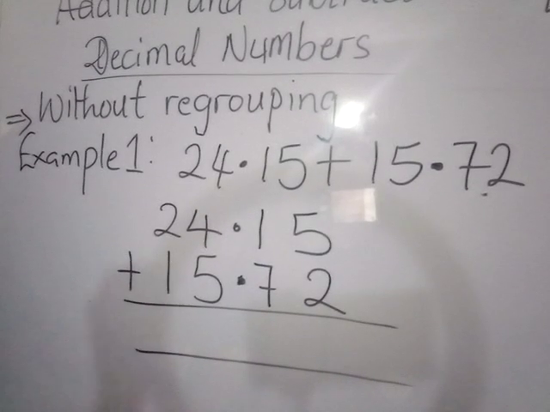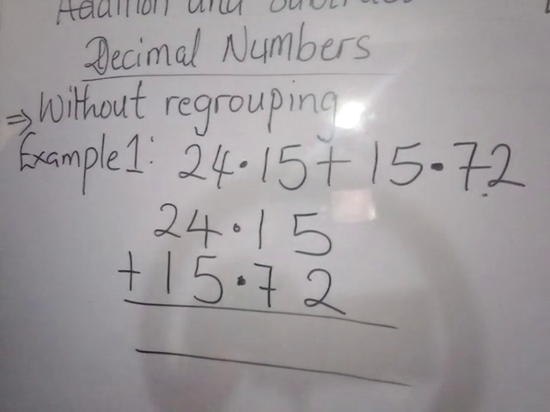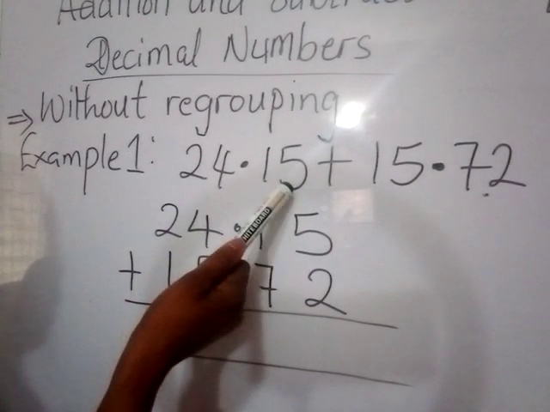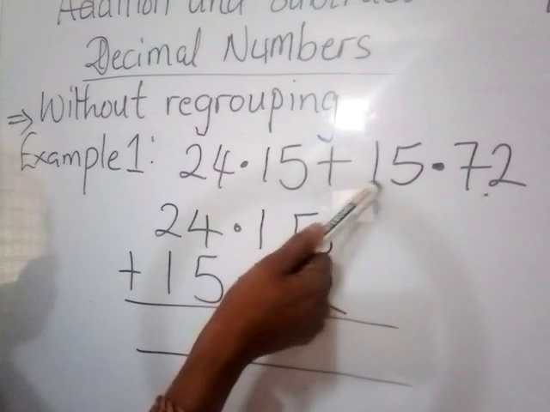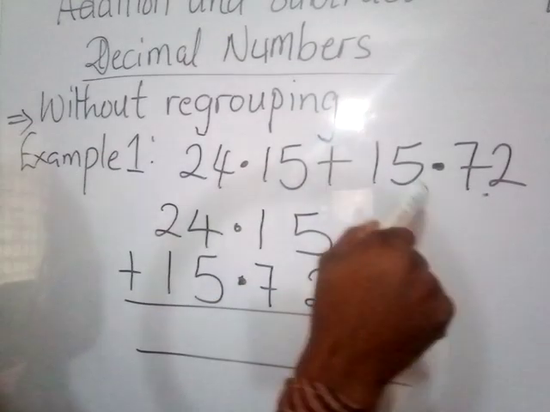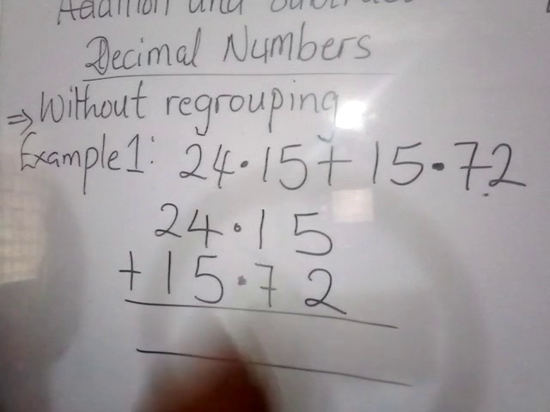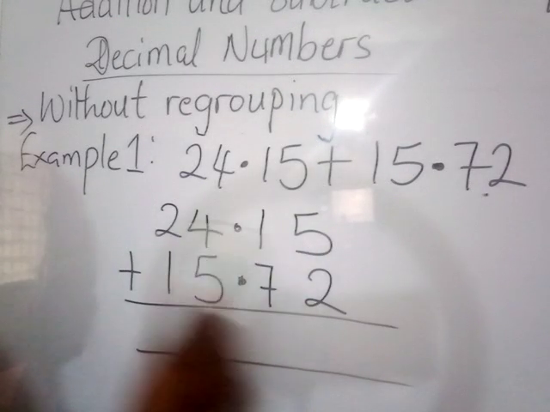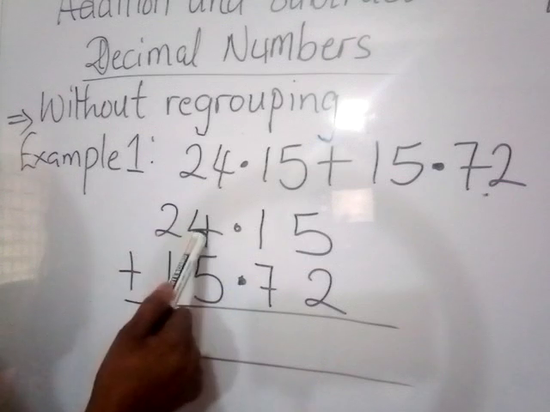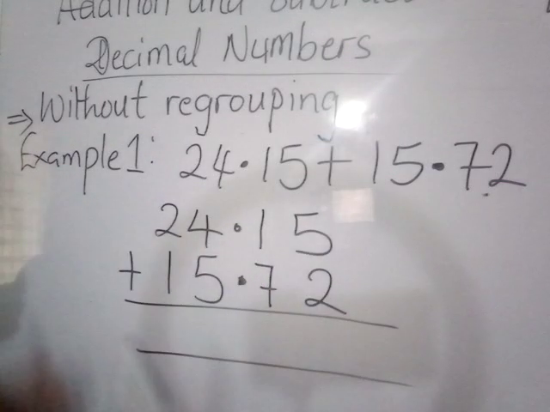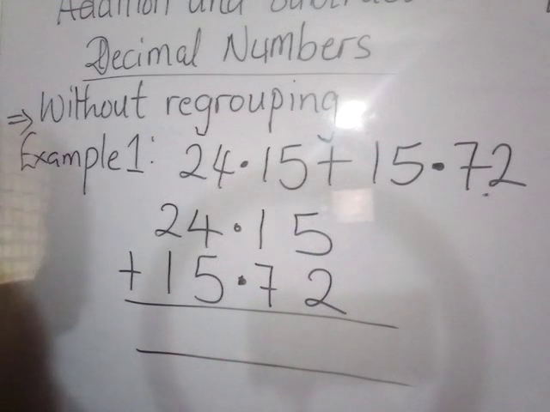So the first example we're going to look at is what we have right here on the board. 24.15 plus 15.72. Those are the numbers we are adding. So now look at the way they are arranged. Arrange the way we normally arrange when we are adding numbers.